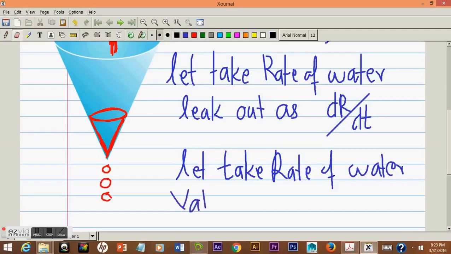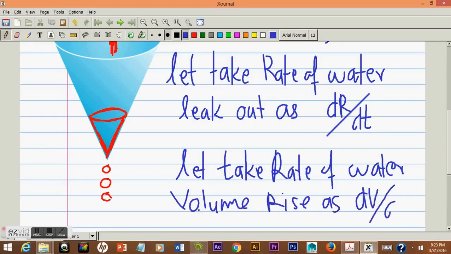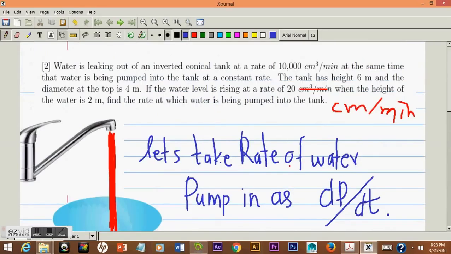So we have taken three types of parameters here, that is dP by dt, dr by dt and dV by dt. dV by dt means the volume increase in the cone. dP by dt is, as in the question, the rate of water pumped in, and dr by dt is water leaked out.